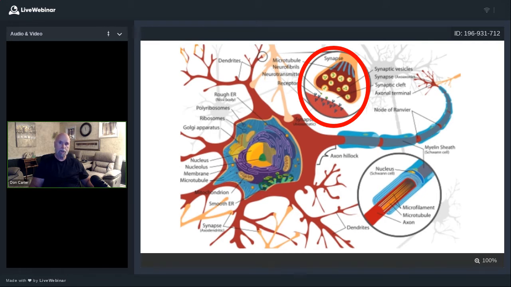You'll see there's a gap in here, and these little yellow packages at the end of the axon are called vesicles, and they carry the neurotransmitters. When that electrical impulse fires off, it releases a package of those chemicals out into the space where they're available for use. Then they find their receptor site, and they go into the dendrite of the next cell, and the message gets passed on.